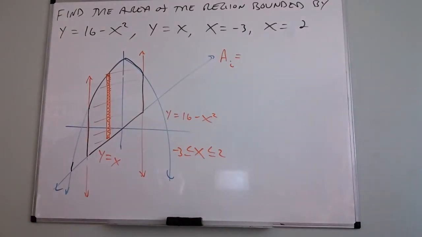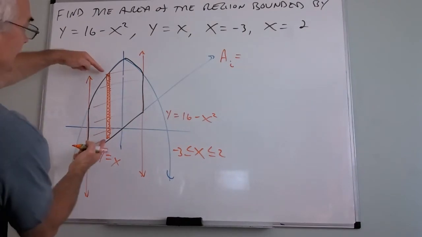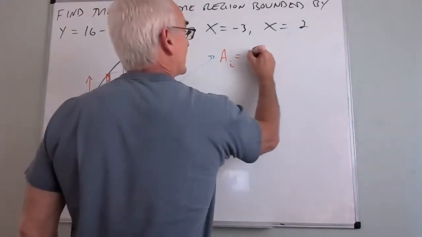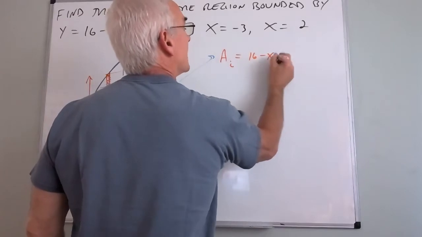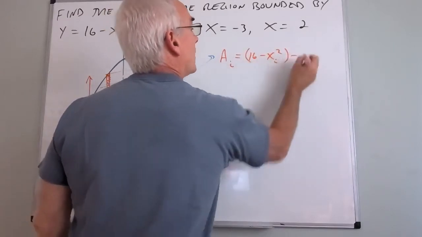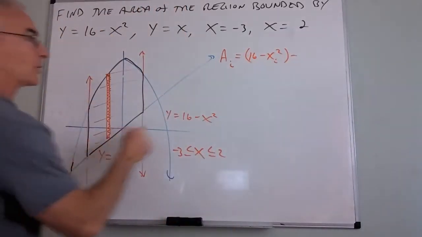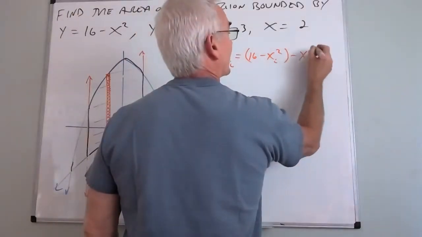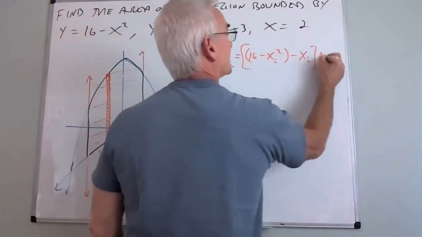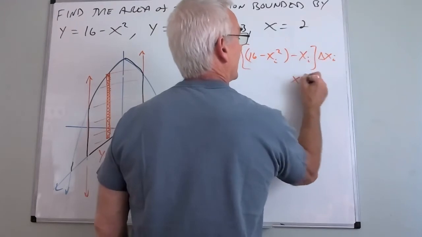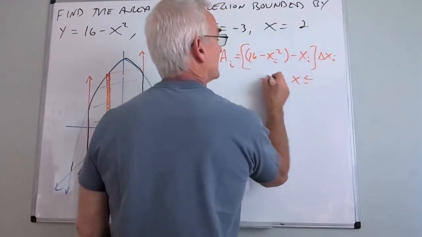So with that said, the area of my ith slice will be this height, which would be top curve, and I'm going to write it like this: 16 minus the square of xi minus the bottom curve, which would be also xi, times delta xi, x ranging from -3 to 2.